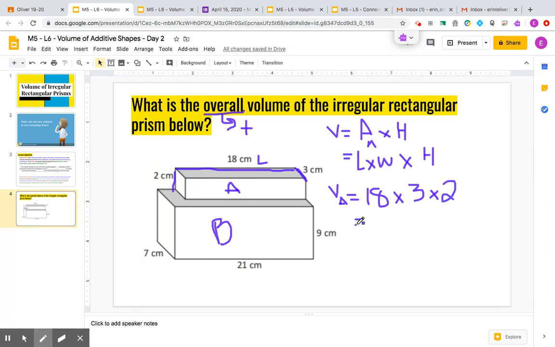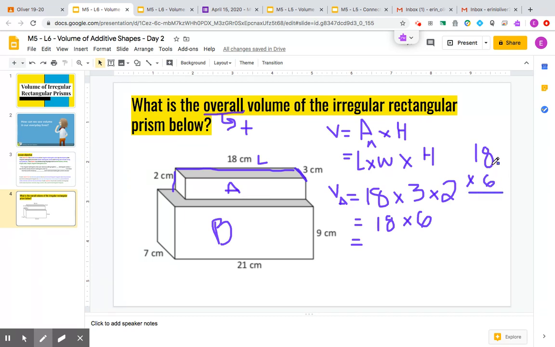So let's multiply. 18, and I'm going to do 3 times 2 first, because that's easy for me. 6. Now, I don't know my 18's tables or my 6's tables up to 18. So I can either repeatedly add 18 six times, or I can multiply using my standard algorithm.